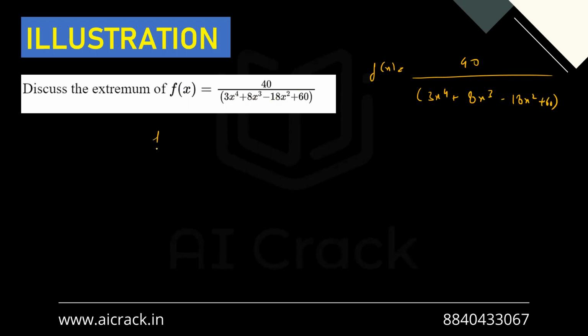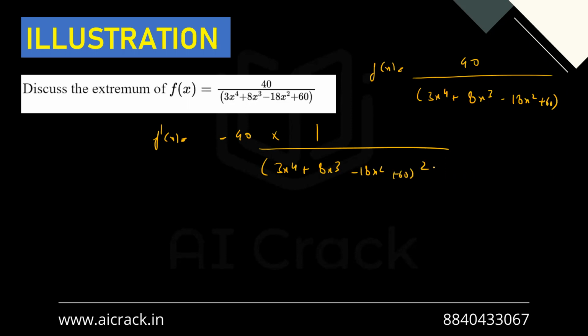Now the first step would be to calculate f'(x). So we'll be getting minus 40 times 1 by (3x^4 plus 8x^3 minus 18x^2 plus 60) raised to power 2, multiplied by the differentiation of this. So we'll be getting 12x^3 plus 24x^2 minus 36x, right?